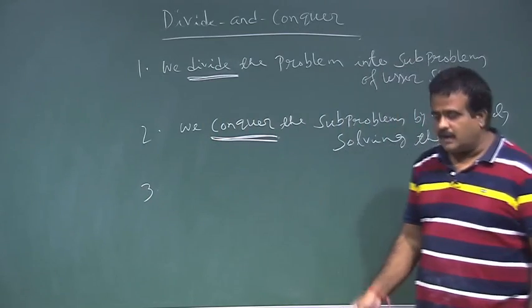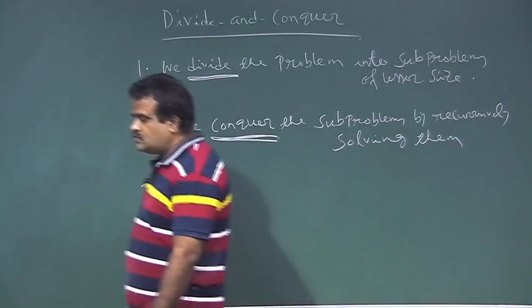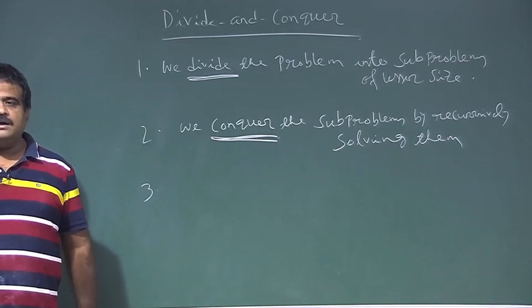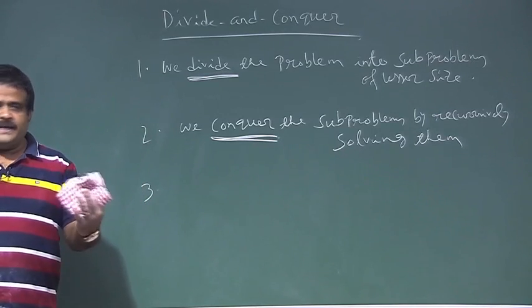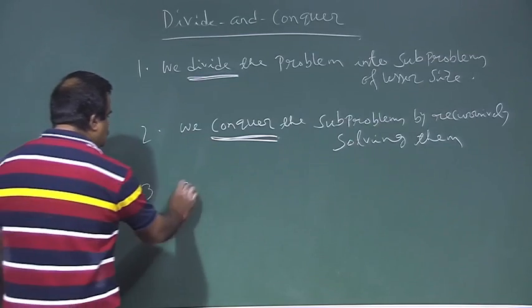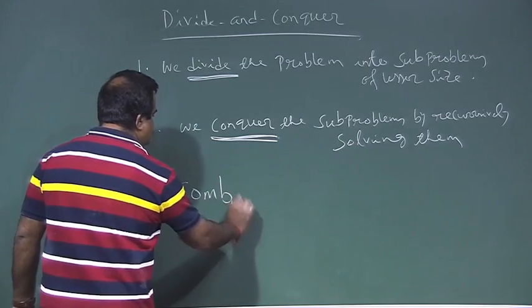we have a combine step. That means once we have the solution of the subproblems, we apply the combine step to get the solution of the whole problem. So that is called the combine step.